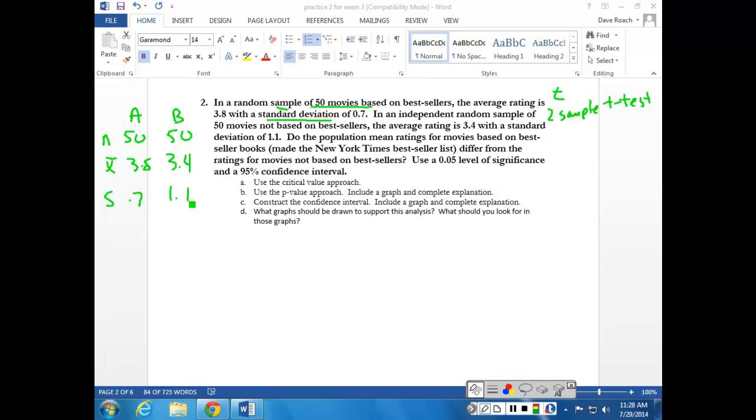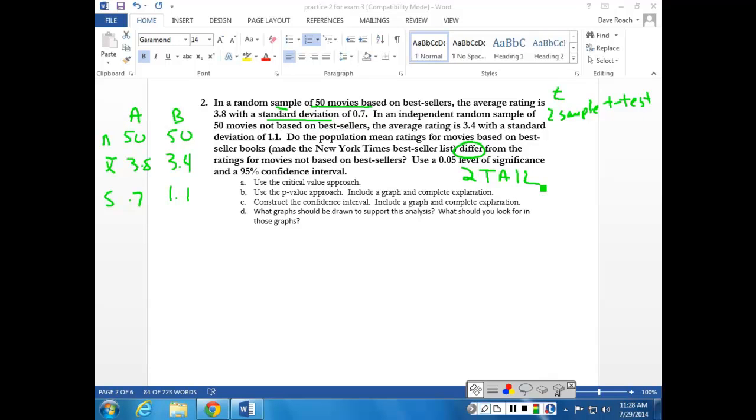So all I've done so far is write down the information from the problem. I'm going to circle the word differ, which means I'm going to have a two-tailed test, which means that when I get to the p-value, I'm looking at both tails, not just one.